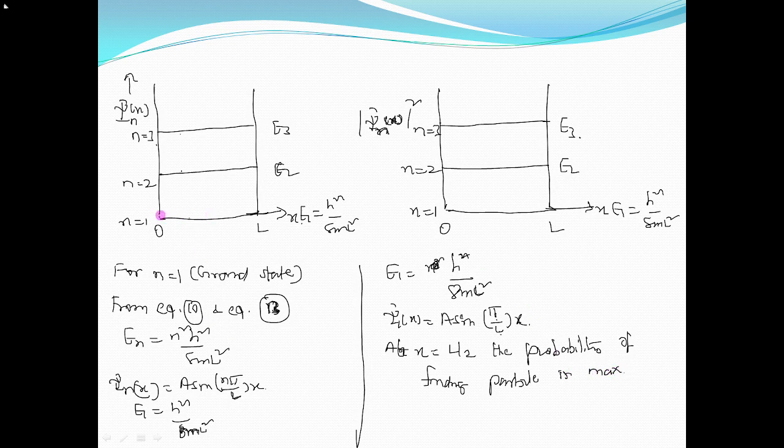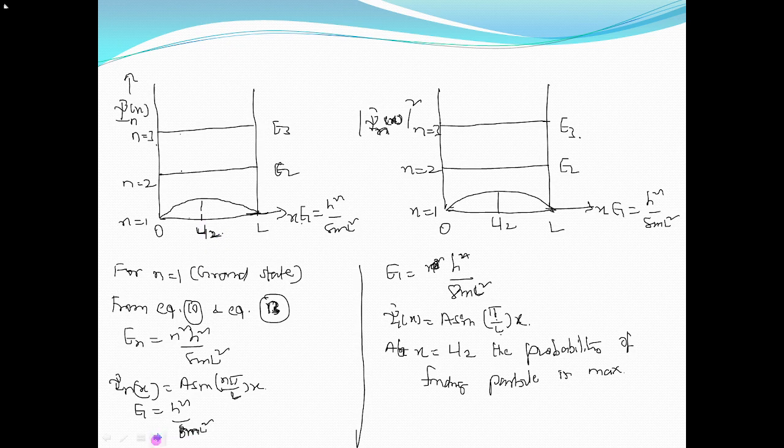This is for the ground state. In the ground state, the probability of finding the electron is maximum at L by 2.